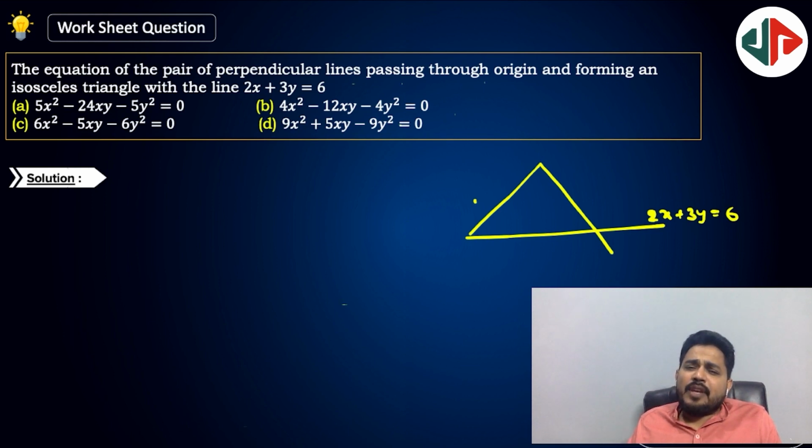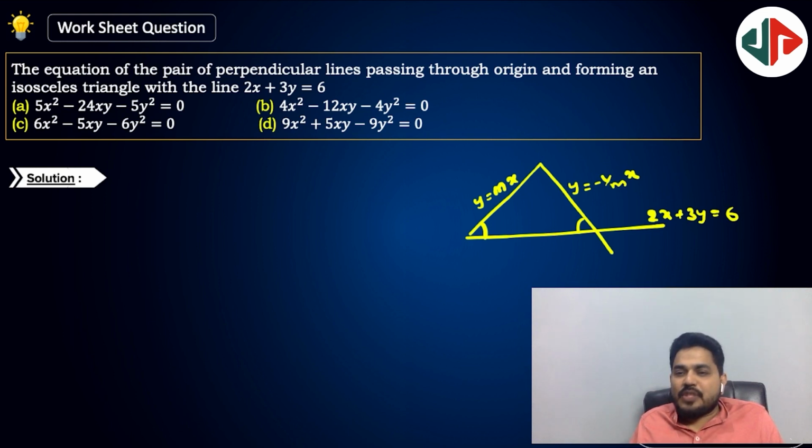Maybe another way of doing this one is, this line is y is equal to mx, and this line is y is equal to minus 1 by m x. So this angle is equal to this angle, isosceles. Just to try, what are the m values you are going to get?